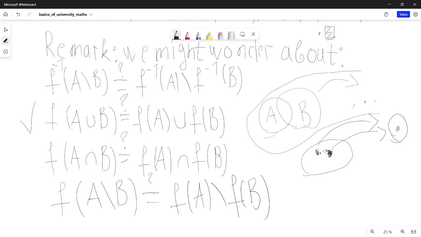And if this map maps this point to this point and this point to the same point, then the image of this set consisting of this point would be this point, and the image of the other point would be the same point, and then the intersection would be the same point.